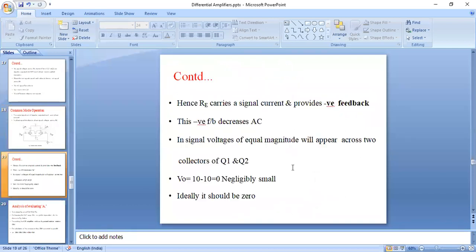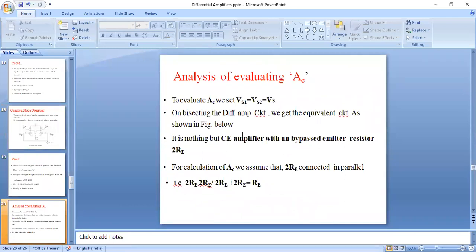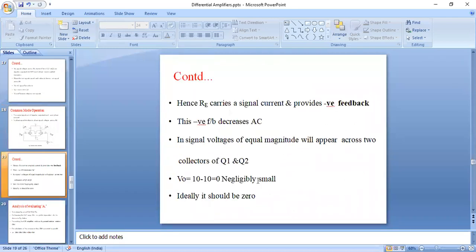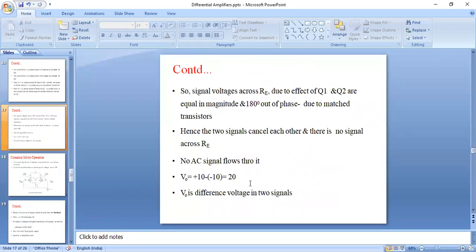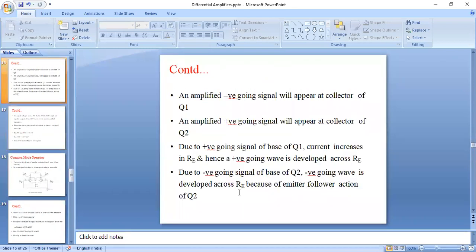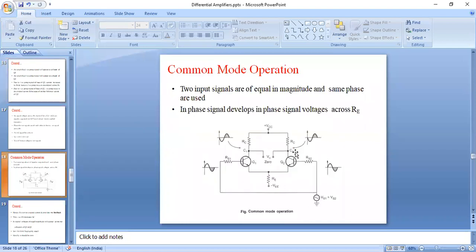So due to this negative feedback of this circuit, this negative feedback ఏం చేస్తుందంటే, it reduces the common mode gain. So whenever with feedback, without feedback మీ సర్క్యూట్ చూసారు ECA లో, ఎలక్ట్రానిక్ సర్క్యూట్ అనాలిసిస్ లో. విత్ ఫీడ్బ్యాక్ సర్క్యూట్ వచ్చేసరికి మీకు గెయిన్ అనేది తగ్గుతూ ఉంటుంది. సో హియర్ ద గెయిన్ అంటే కామన్ మోడ్ గెయిన్, బికాస్ వెన్ టూ ఇన్పుట్ సిగ్నల్స్ ఆర్ ఆపరేటెడ్, when two input signals are equal in all aspects, the differential amplifier operated in common mode.